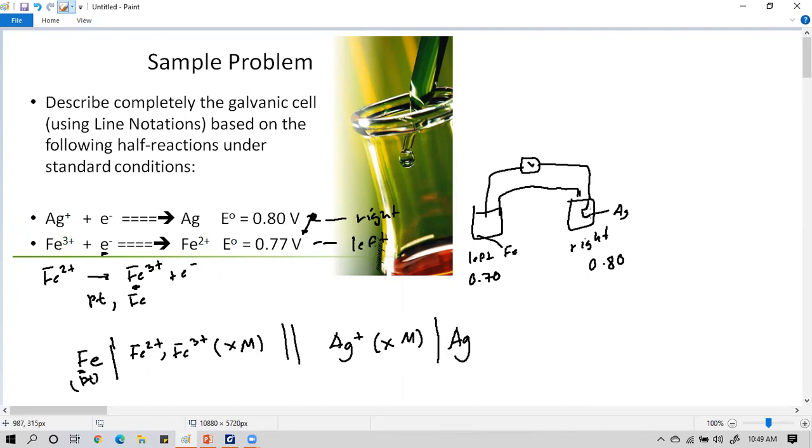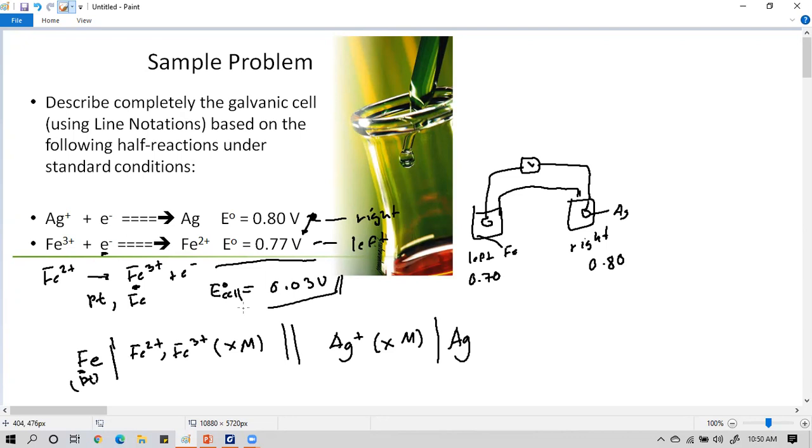So, ayun, electrode and Fe. And then if you would, kung gusto nyo kunin yung E not cell, pag minusin nyo lang siya. So, 0.80 minus 0.77, that is equals to 0.03 volts para sa E not ng cell.